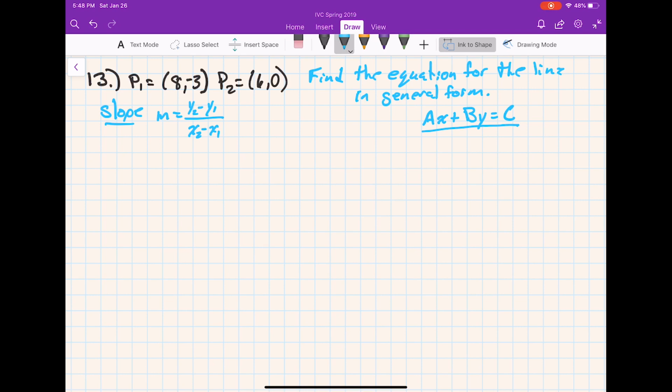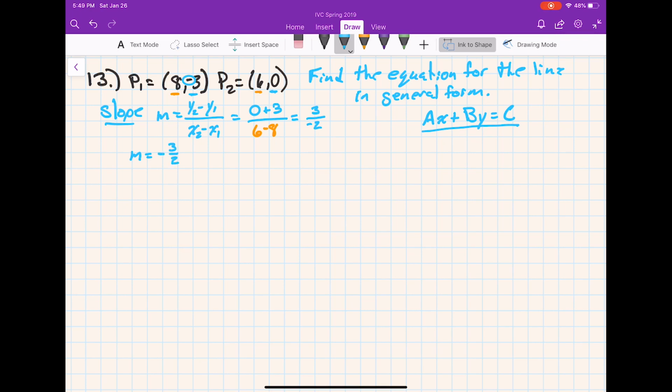We're going to use the 0 from this one and the minus 3 from this one. Remember that minus is going to turn it into a plus in our equation here. So we got 0 plus 3 all over, use these 2 coordinates, 6 minus 8. So that is going to give us 3 and a negative 2. So our slope is negative 3/2. There you go.